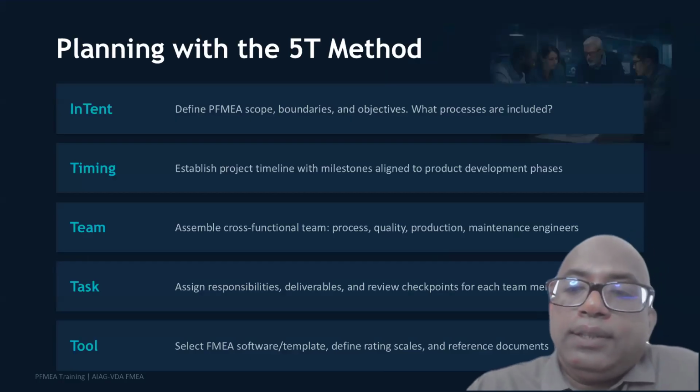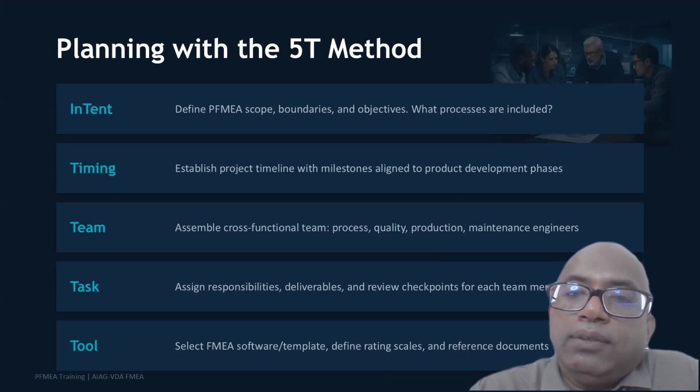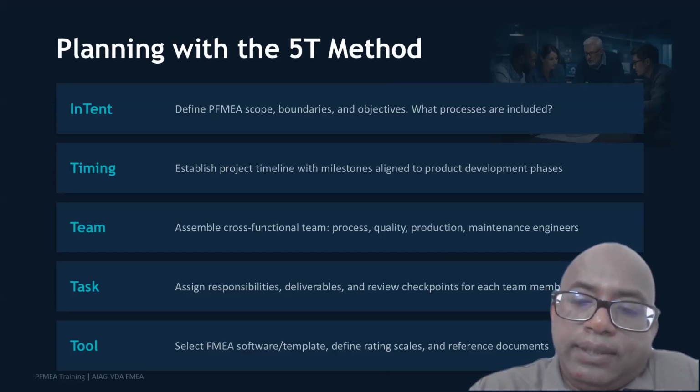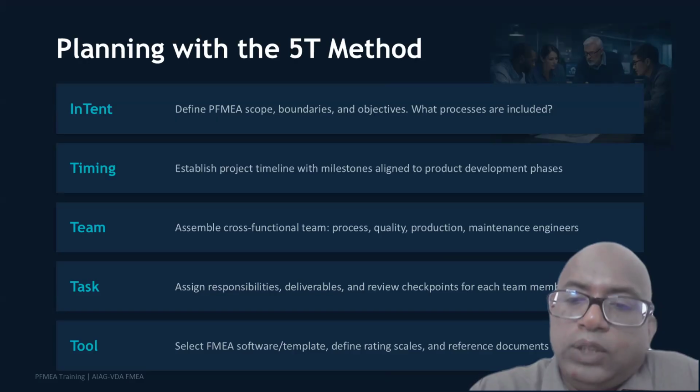Okay. Next part is also a very critical part. This is planning with the 5T method. Intent is the first one. What does intent mean? Define the PFMEA scope, which I told you, and boundaries.